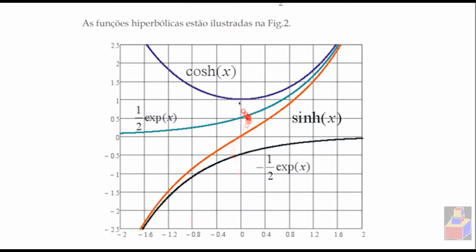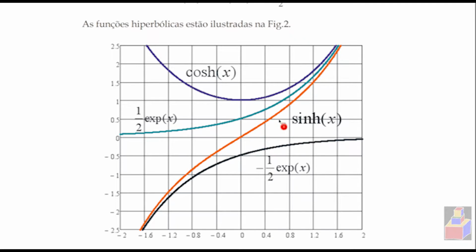On the other hand, the minimum value of the hyperbolic cosine is 1. The hyperbolic sine is an odd function. The hyperbolic cosine is an even function. How do they look? Well, look at the expression.